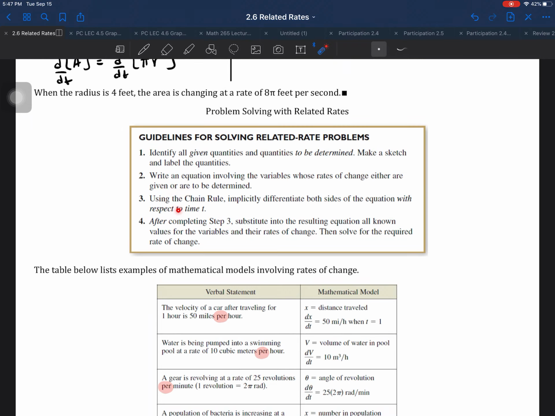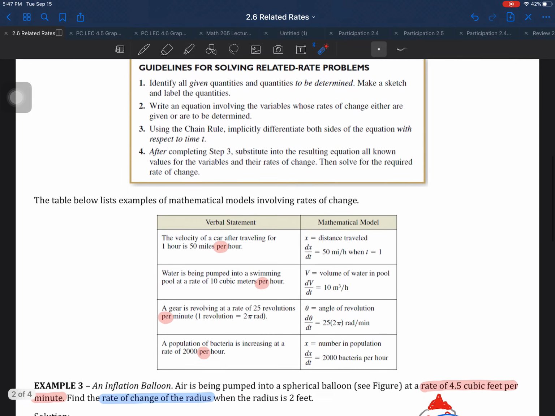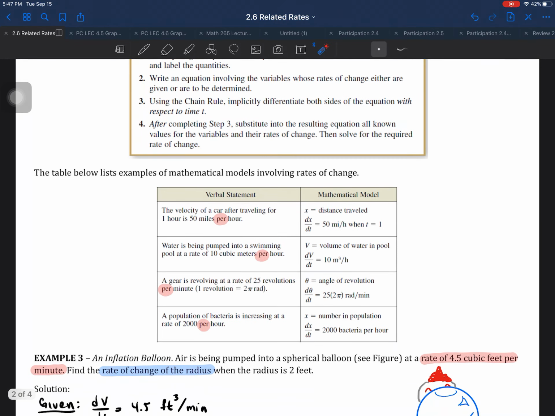And then use the chain rule, implicit differentiation, or both, so that you can find the equation with respect to time. After completing step 3, substitute into the resulting equation all the values given in the problem, and then solve for the required rate of change.